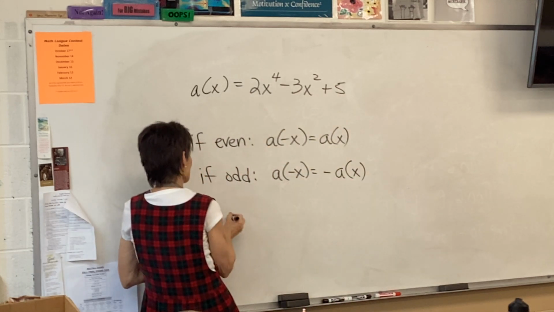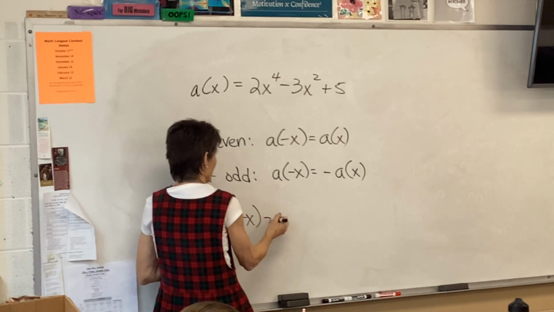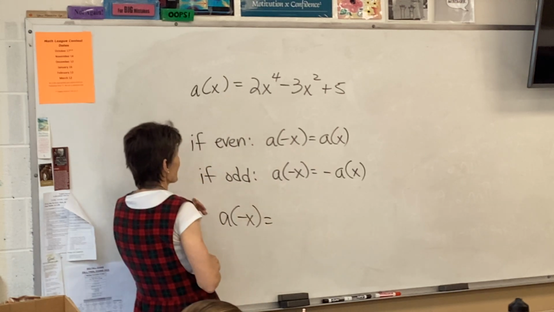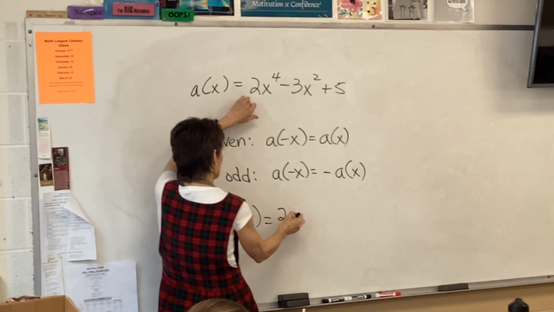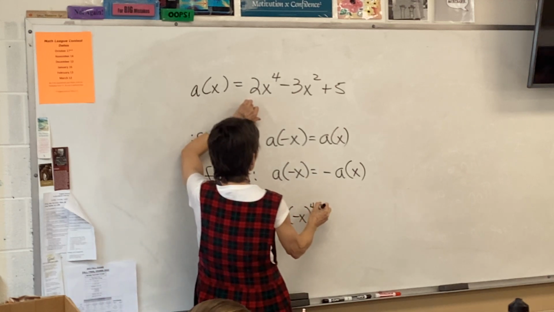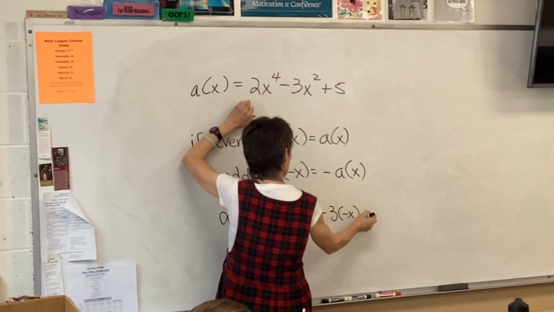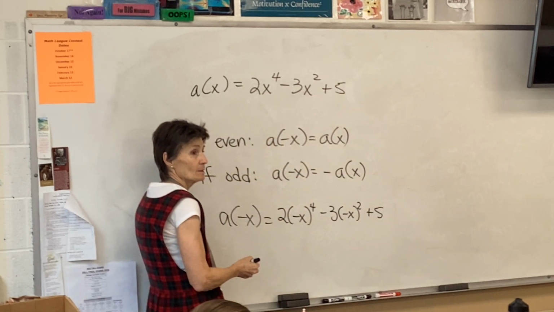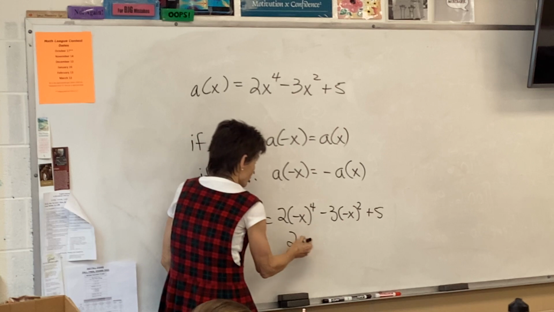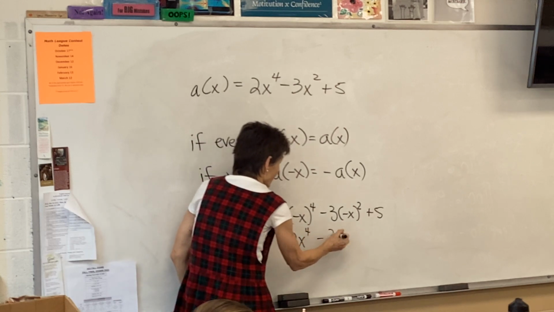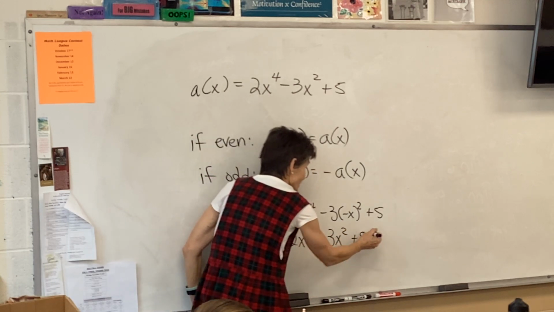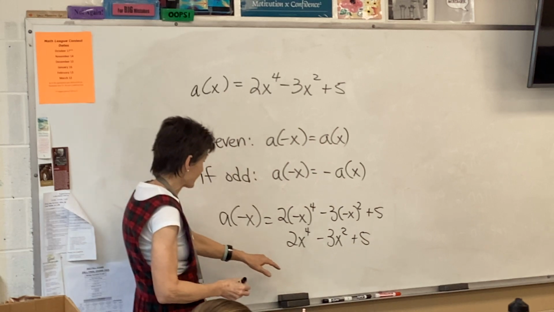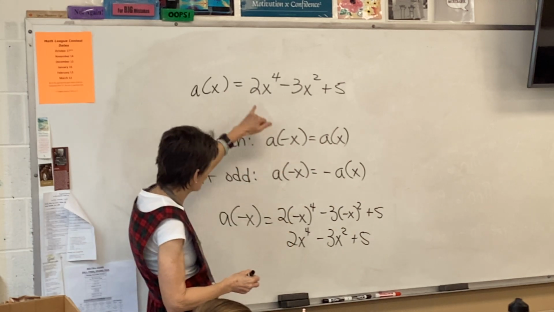Work it out if you are asked to do a proof. So, what's a of negative x? That's really what it all hinges on. What is a of negative x? 2 times negative x to the 4 minus 3 times negative x squared plus 5, which is 2x to the 4 minus 3x squared plus 5. Well, wait a second. Isn't that the same as the original problem?